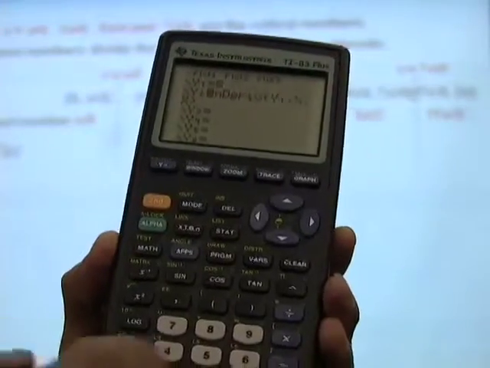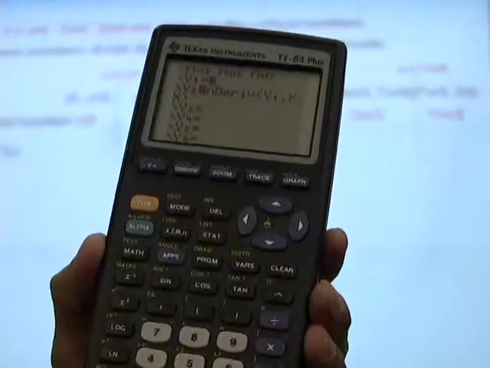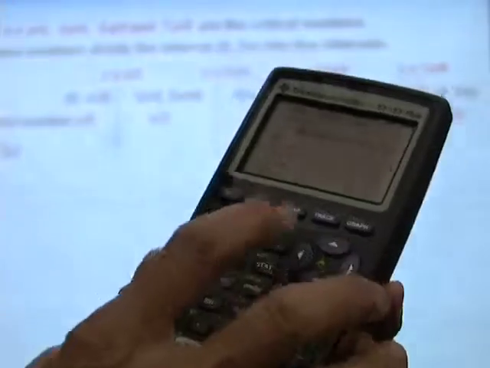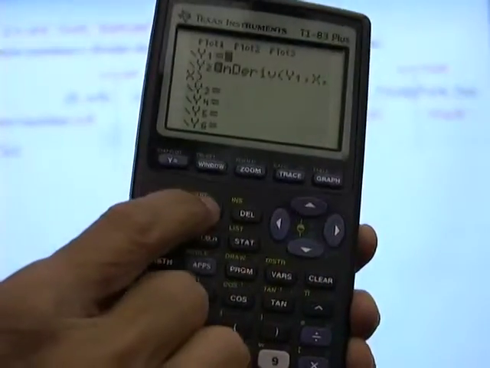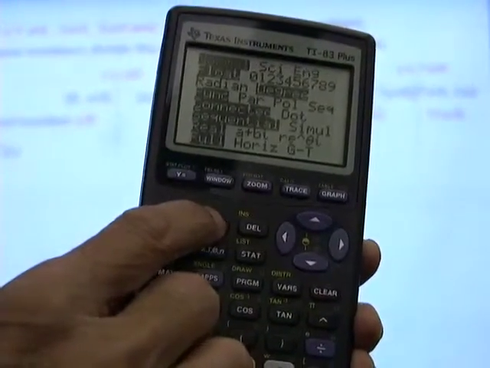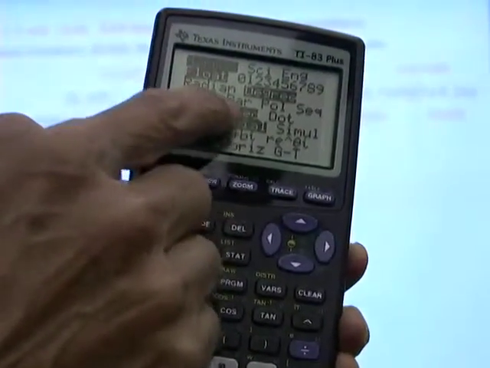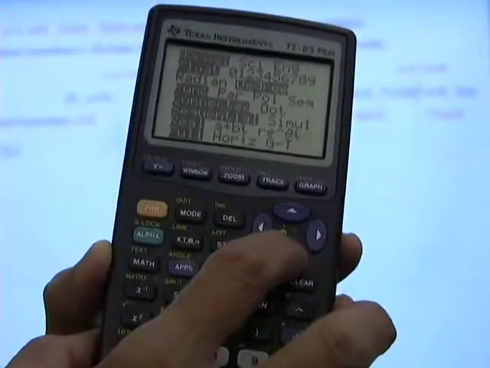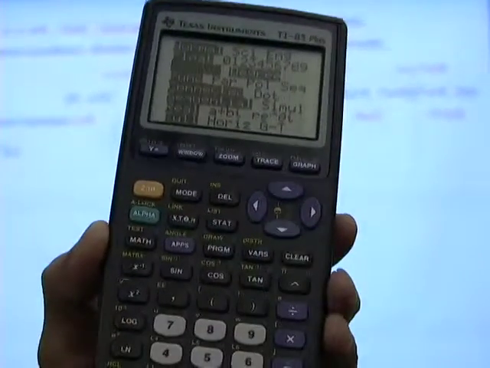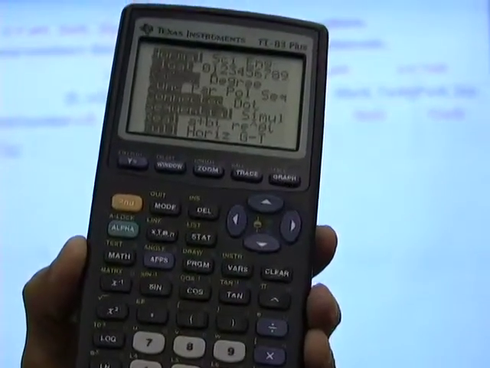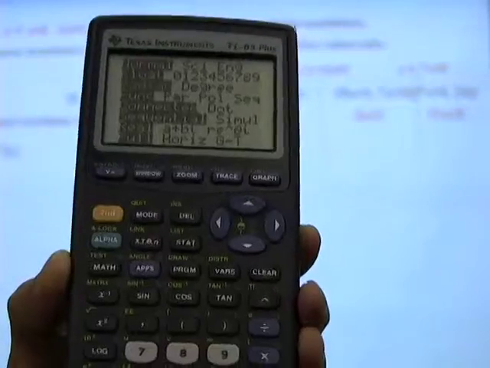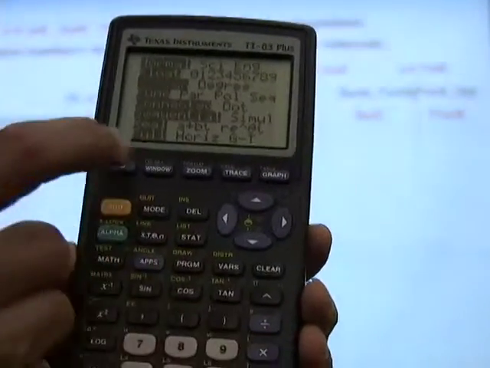What's our function? And most important, first of all, you need to go to the mode and make sure that your calculator is on radian mode, not degree mode. So bring it down to radian and enter. Very important. The calculator needs to be set on radian mode, not degree mode.